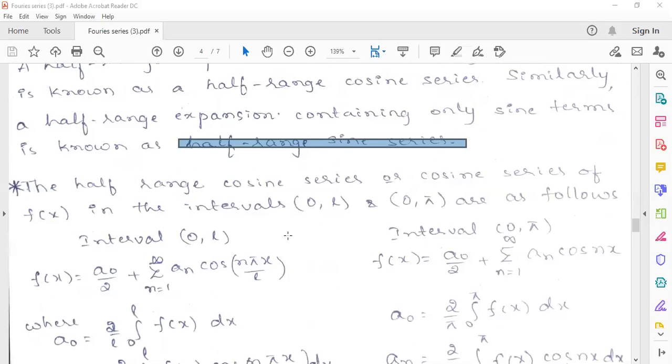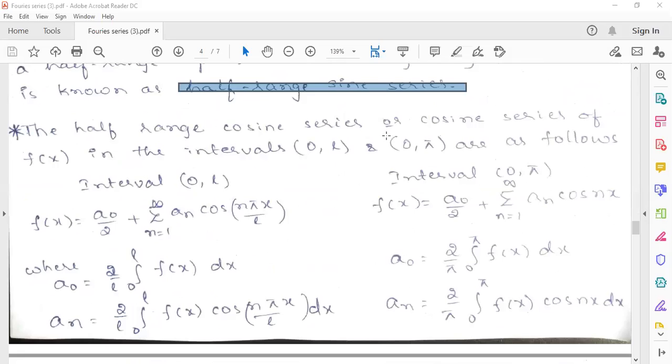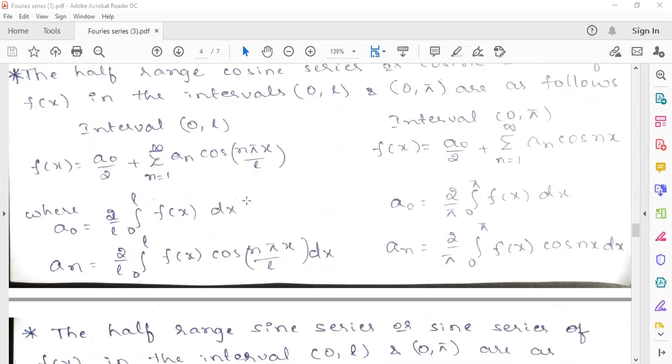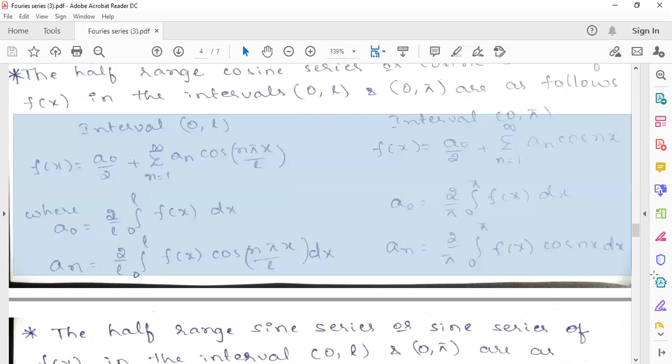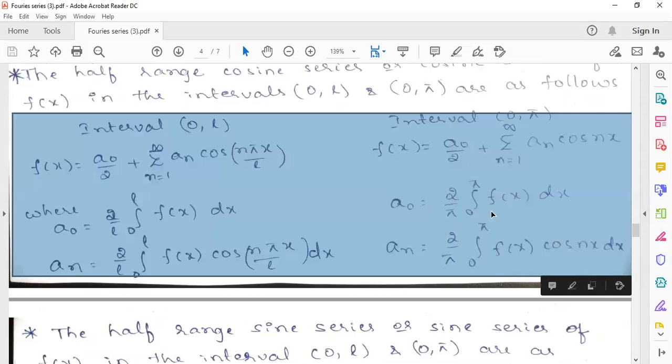So now, the half-range cosine series or cosine series of the function f of x in the interval 0, L and 0, pi are as follows. I have written both the Fourier series form as well as a0 and an. While writing into notes, write it in the form of a table, then it looks good.